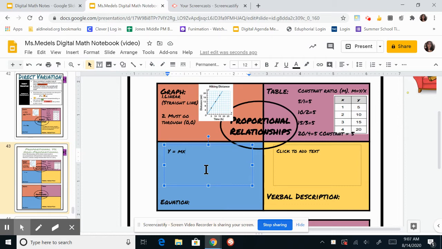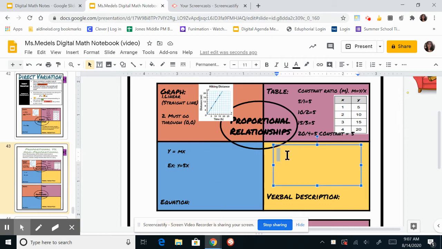So my y-intercept would be 0. And if I were to do the example from the table, the way I would write this is y is equal to, my constant was 5, so I would just put 5x. Okay, and that is my example from this table here.